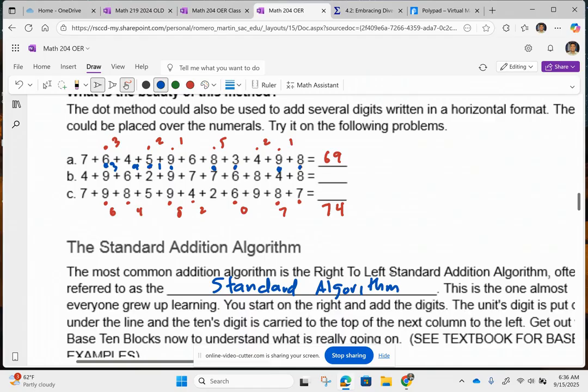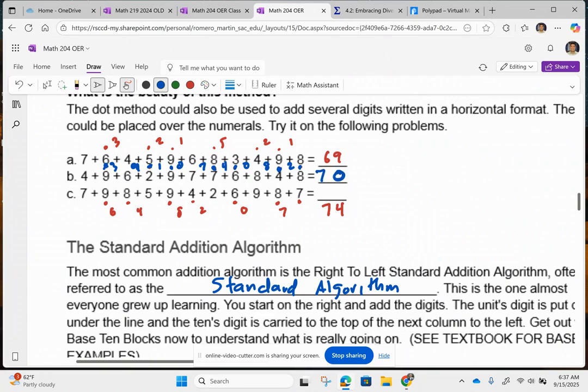So there's the dot. 1 plus 9 is 10, dot. 0 plus 7 is 7. 7 plus 7 is 14, dot. 4 plus 6 is 10, dot. 0 plus 8 is 8. 8 plus 4 is 12, dot. 2 plus 8 is 10, dot. So I know the last digit's 0, and then you just count them up. 10, 20, 30, 40, 50, 60, 70. This equals 70. That's it.